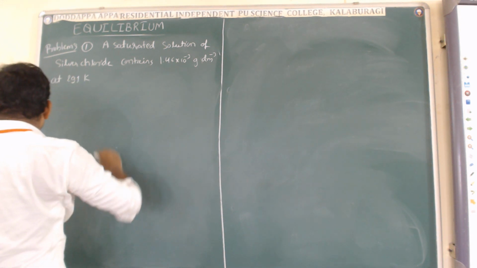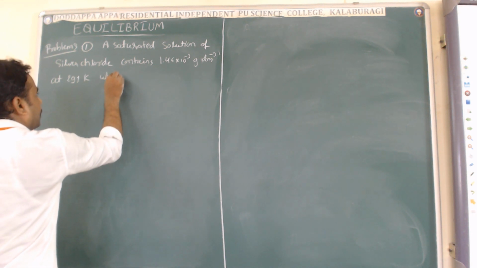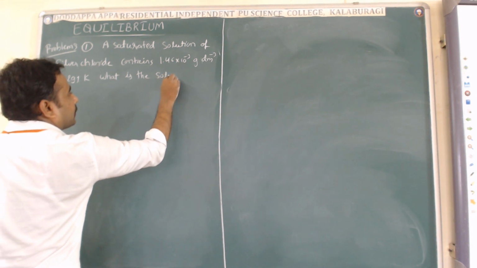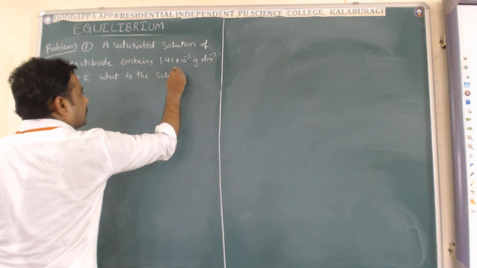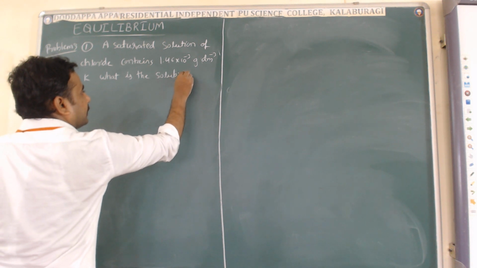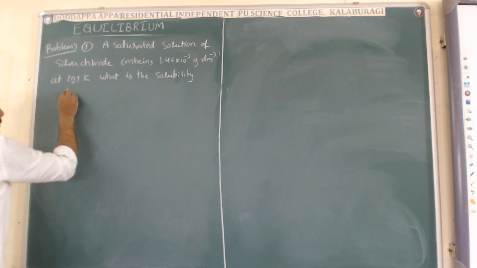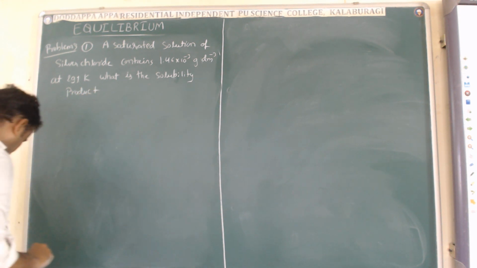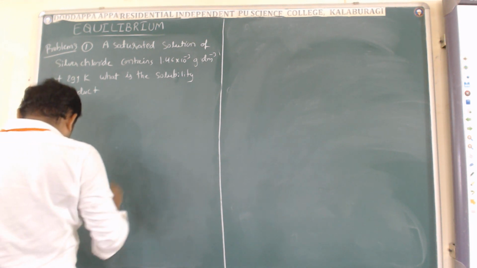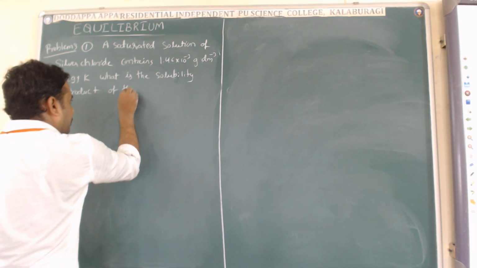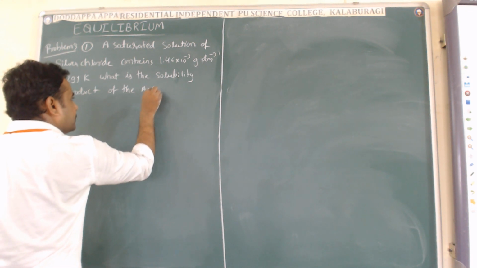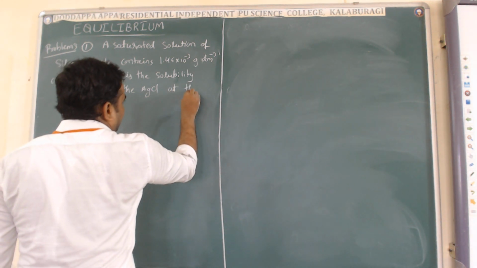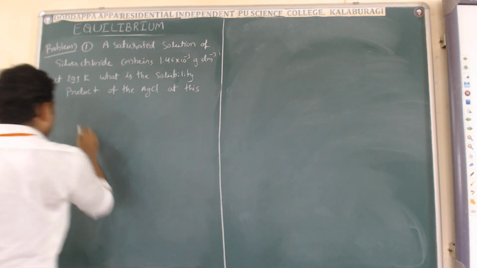What is the solubility product of AgCl, silver chloride, at this temperature?